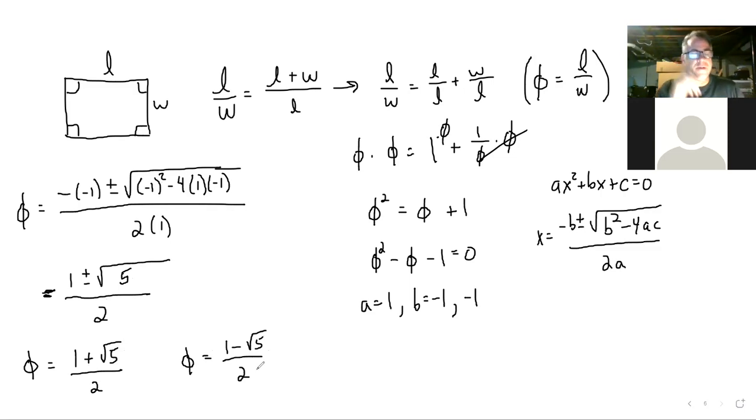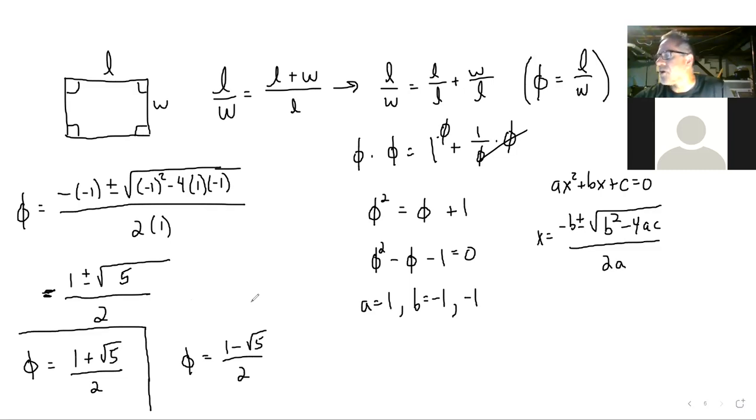And so this again, what we call the golden ratio, is the length divided by the width of a rectangle. It's exactly that. We have a golden rectangle. So there is a problem. Let me see.